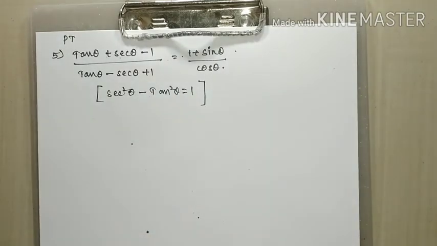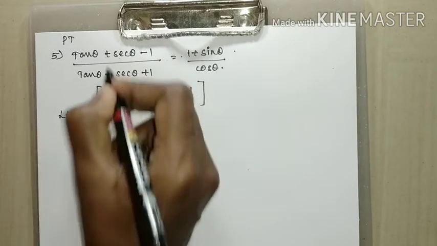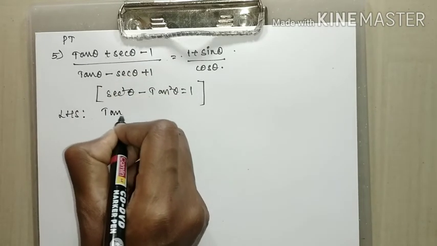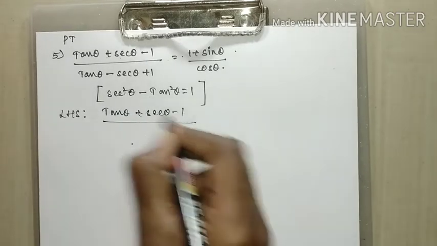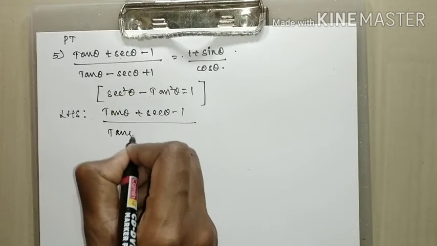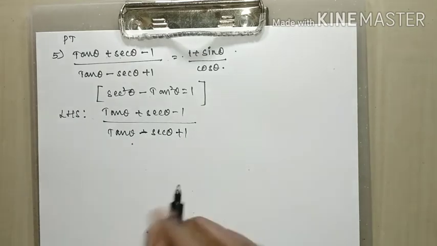So we'll remember this. Now write the LHS in the given example, that is (tan theta plus secant theta minus 1)/(tan theta minus secant theta plus 1).